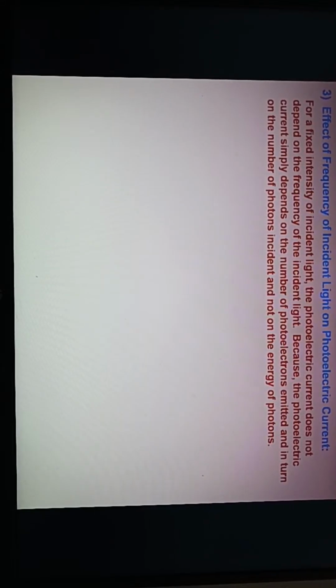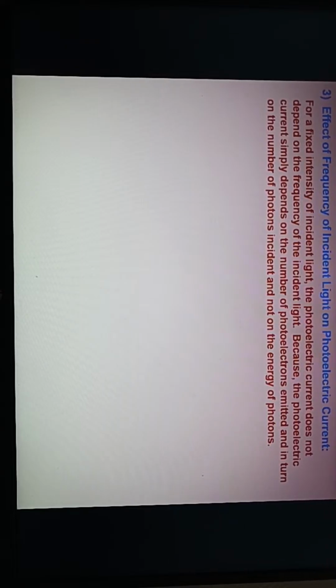Whereas intensity is number of photons incident on the metal plate.